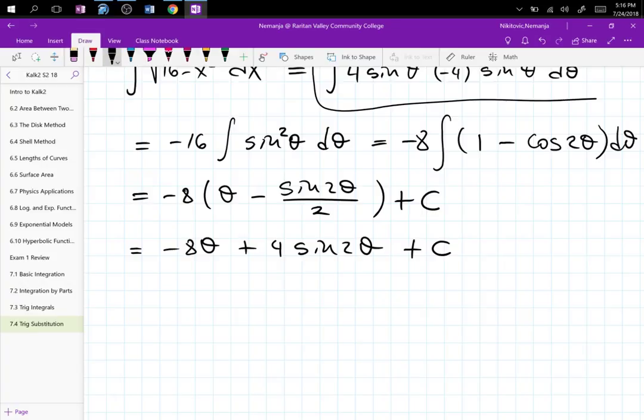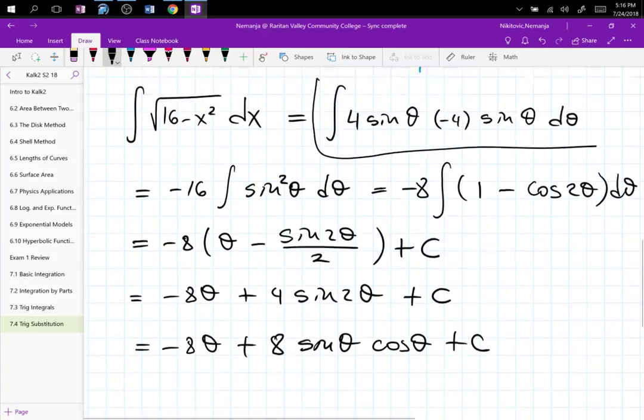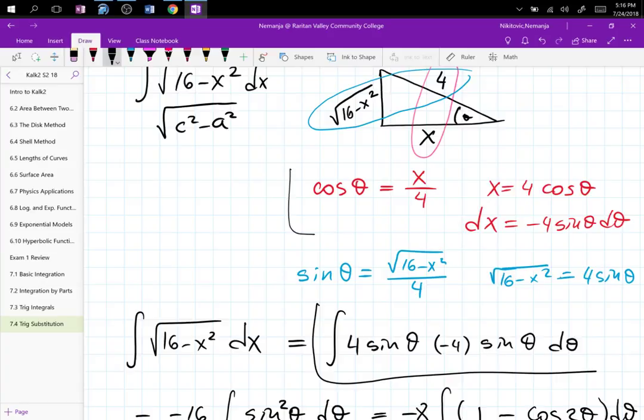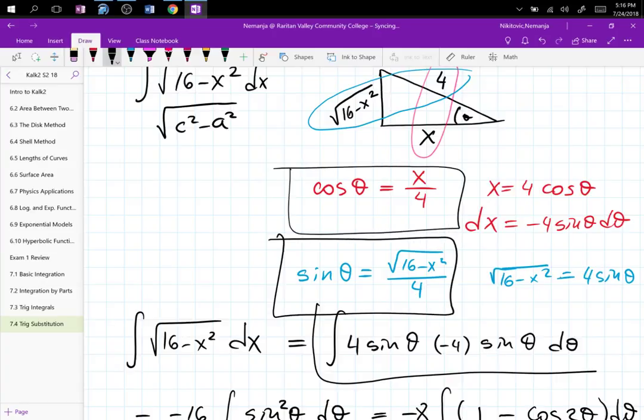How do I deal with that? Well, that's going to be a trig identity. Look what I get now: negative 8 theta plus 8 sine theta cosine theta plus c. And look what's beautiful. I already have what cosine theta is equal to and what sine theta is equal to. I just need to plug that in.